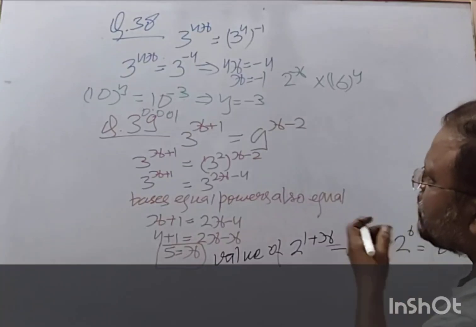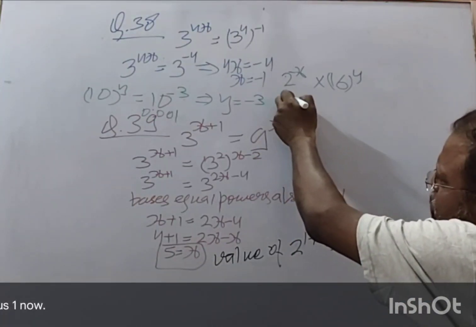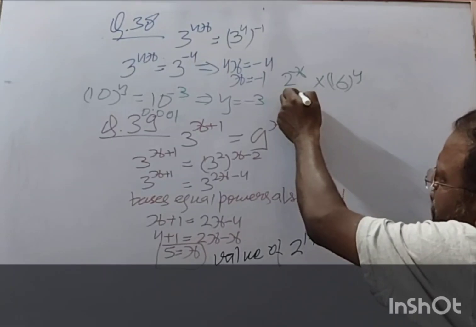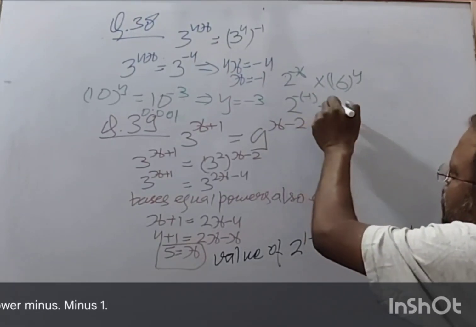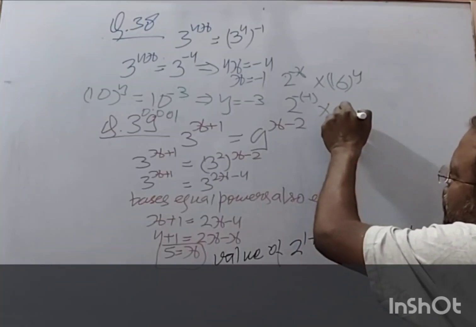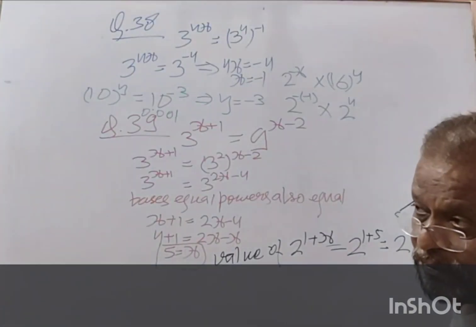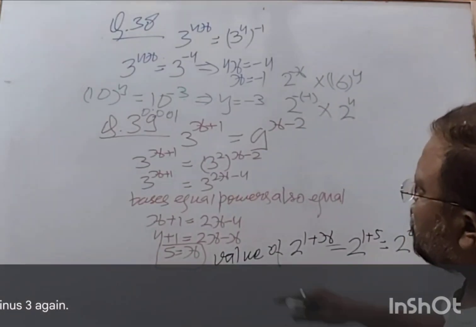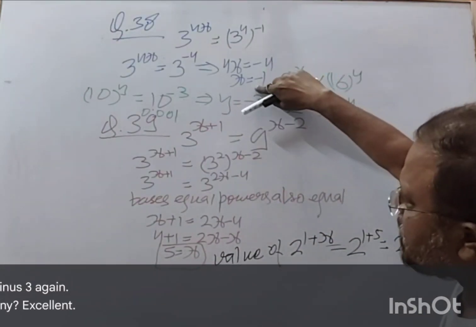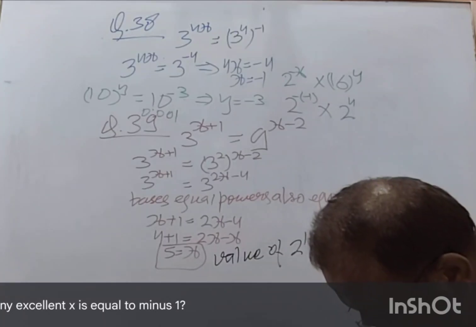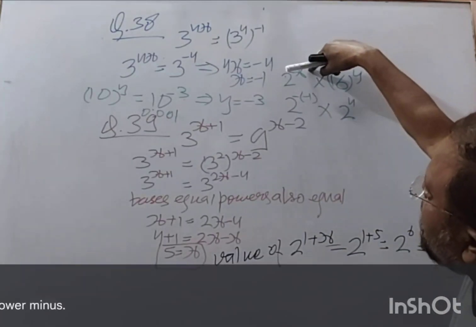So x is -1, right? So 2 raised to the power -x.